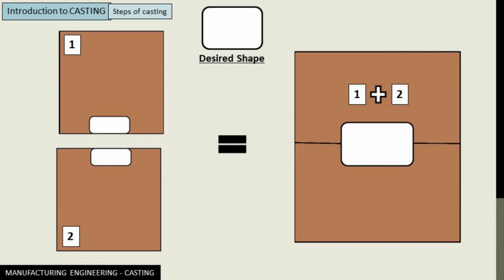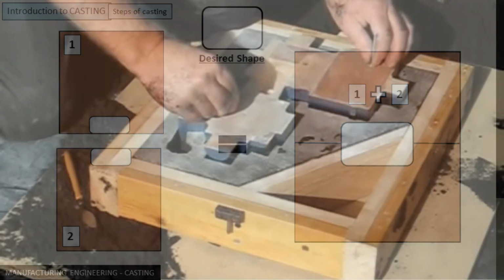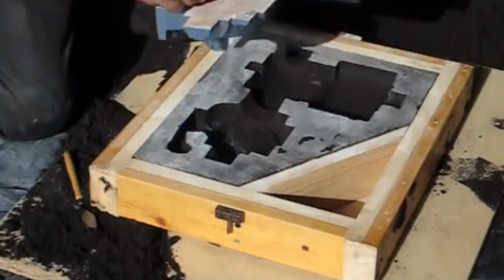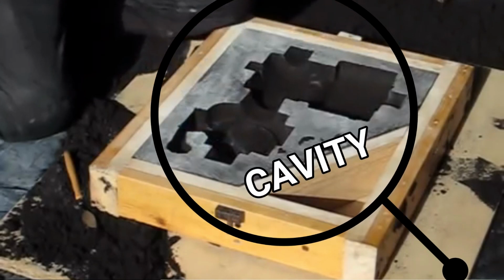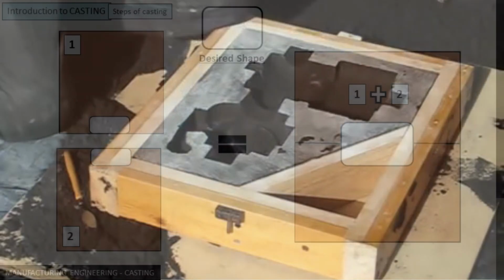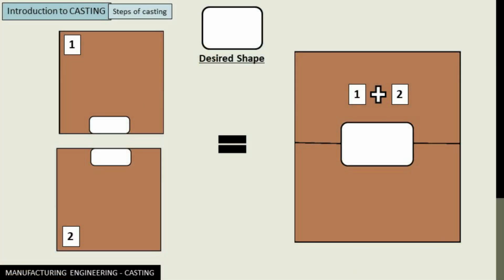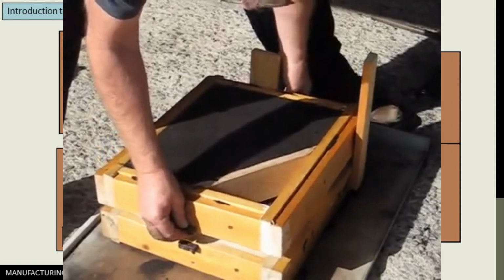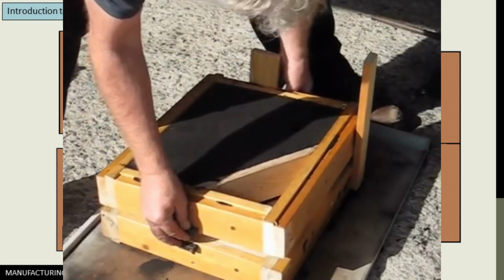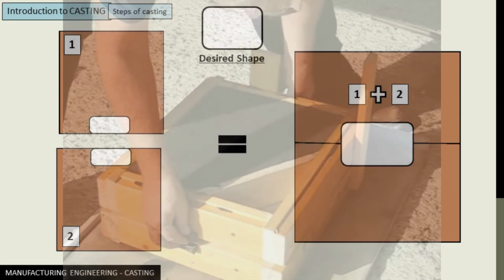Secondly, the entire setup is inverted and the pattern is removed, leaving behind a cavity which will be filled by the molten metal in the coming steps. The same process is done again, and adding the second flask, we get the desired replica of the shape that is required.